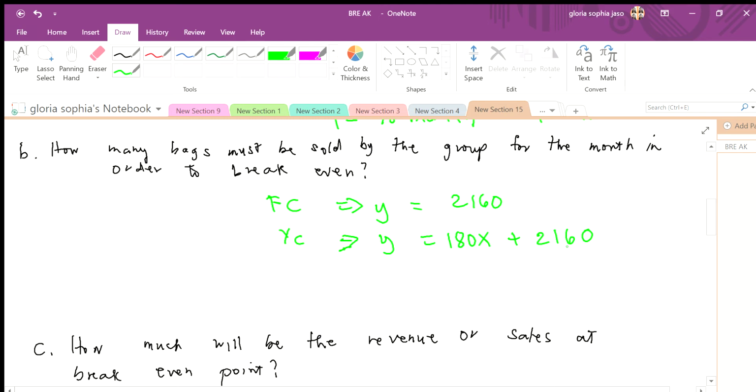So the 180 is the variable cost per unit, times the number of units, plus the fixed cost, which is 2,160. And then the revenue equation: y equals 300 times x.